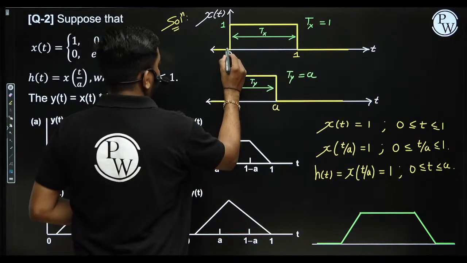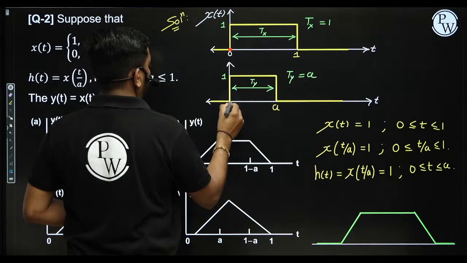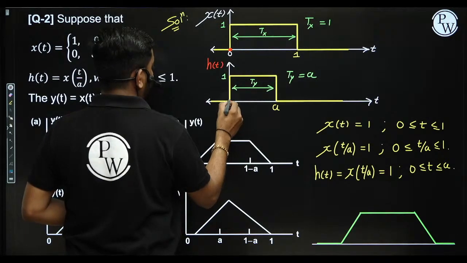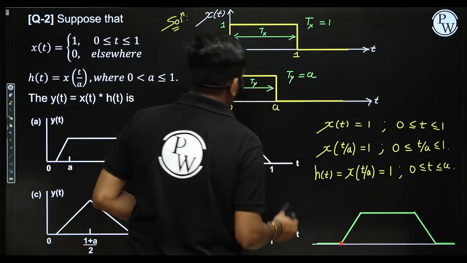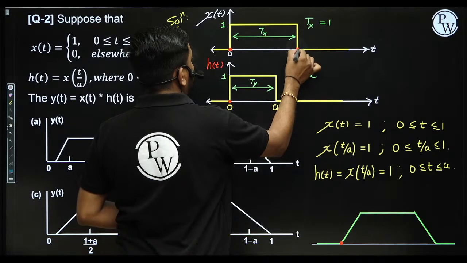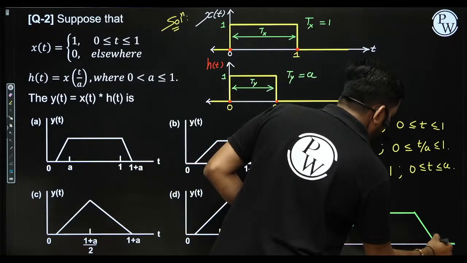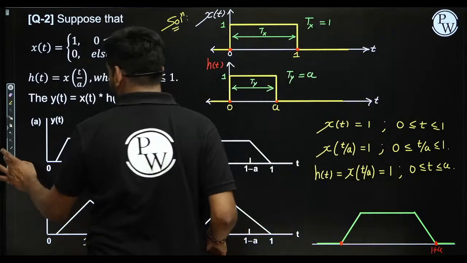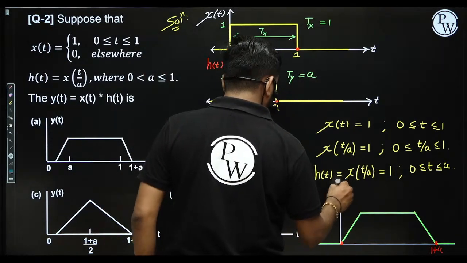Lower limit is the sum of lower limit of x of t and h of t, guys, correct? So 0 here, lower limit 0. What about upper limit? Upper limit is 1 here and upper limit is a here. So here it is 1 plus a, guys, correct? 1 plus a. This is 0. Now this is y of t, guys.